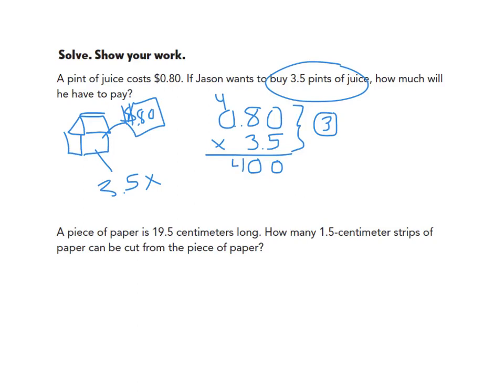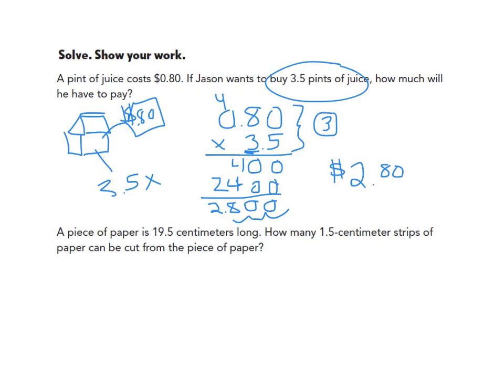And as I go down here, I'll put a 0 in this place because I'm really working in the tens place. 0, 4, 2. When I add all these up, 1, 2, 3 decimal places, my answer is that it will cost $2.80 for those 3.5 pints.